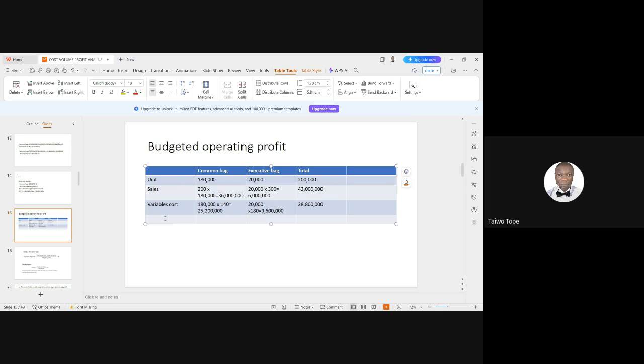So sales minus variable cost, you have the contribution. For common bag, the contribution will be 10,800,000.